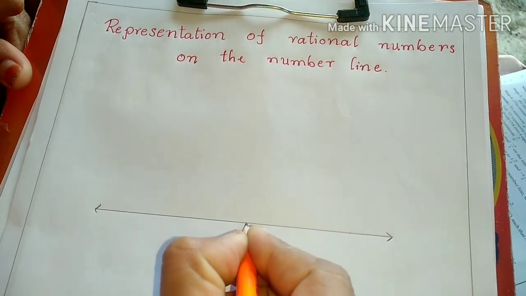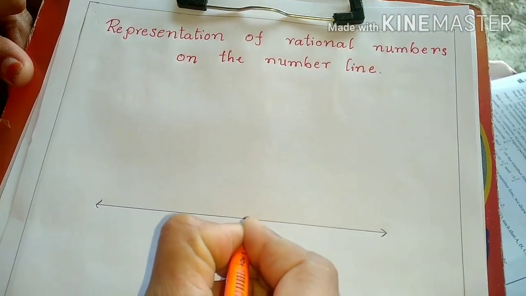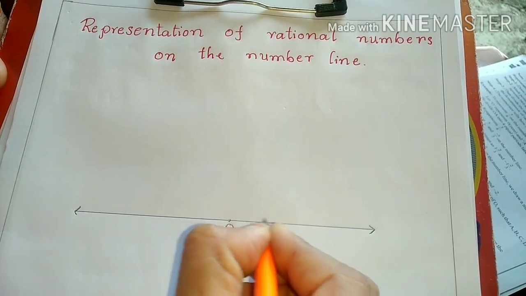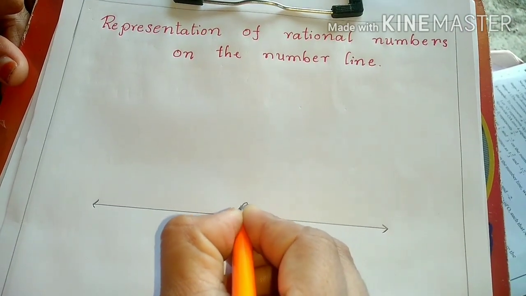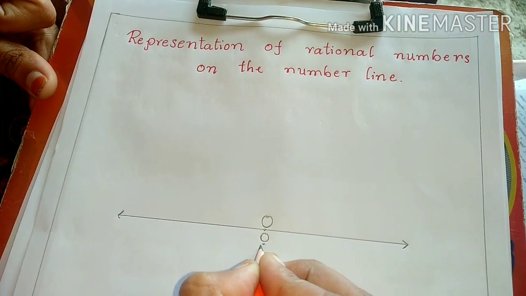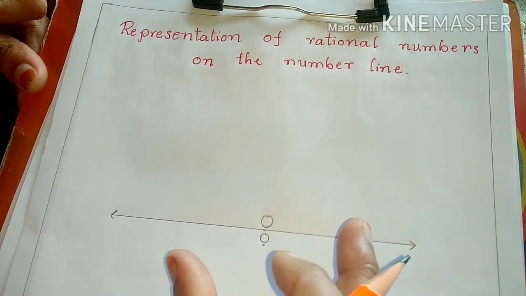So first draw a line and mark a point O on it to represent 0. Okay children, that is how to draw the number line.